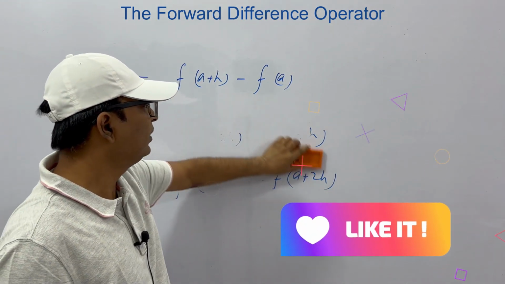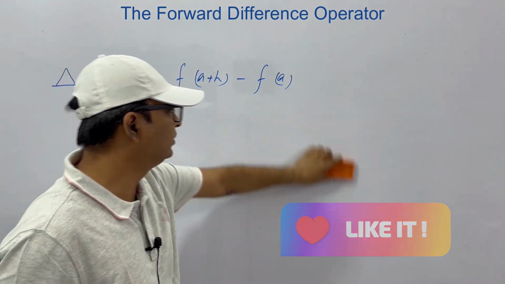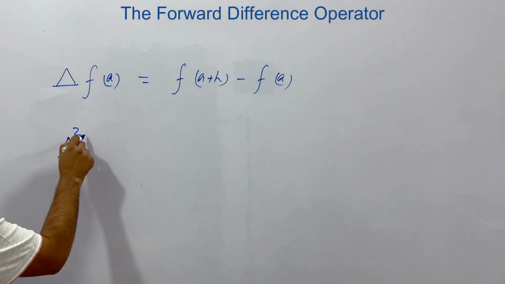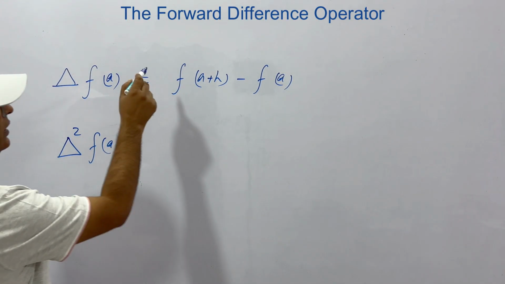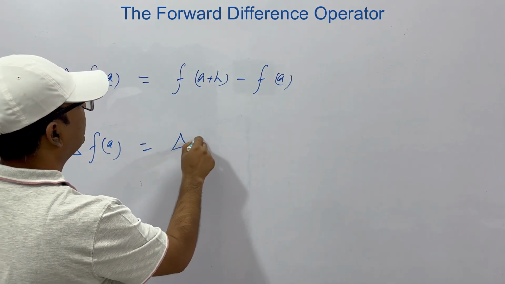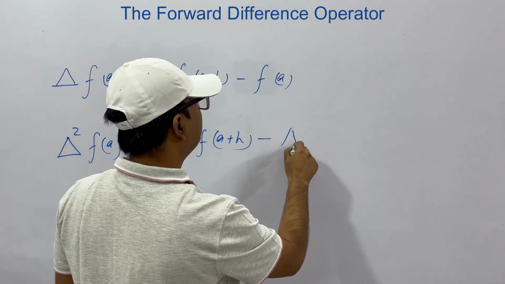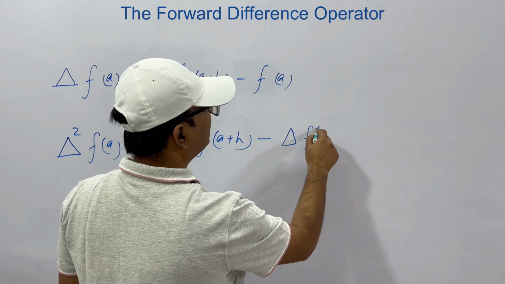Now the second degree operator, that is del 2. On similar terms, del 2 f(a) was del of f(a+h) minus del of f(a).